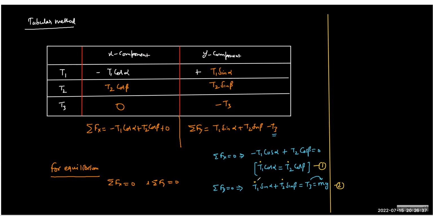You have to use alpha, beta, sin, cos, and everything. You have to express the answer without T1, T2: T1 in terms of mg, alpha, beta, and T2 again in terms of mg, alpha, beta. Take your time, solve this simultaneous equation, and get back to me when you're done. I'm giving you 5 to 6 minutes to solve, everyone.